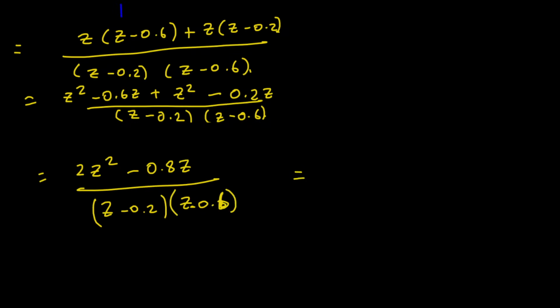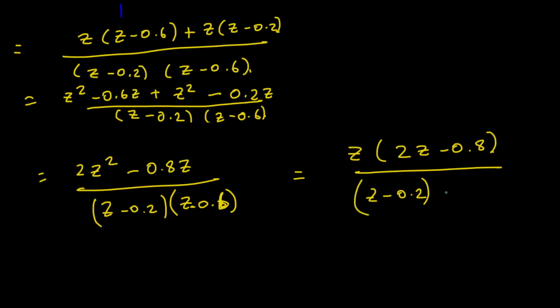Okay, and if you simplify this one further, we can take Z common. So this is going to be Z times 2Z minus 0.8, and in the denominator, we have Z minus 0.2 and then Z minus 0.6. So you know that the zeros are whatever the values on top, and the poles are whatever the values on bottom. So here the zeros we have are Z equal to 0, and then if you solve for this, Z is equal to 0.8 divided by 2, which is 0.4.